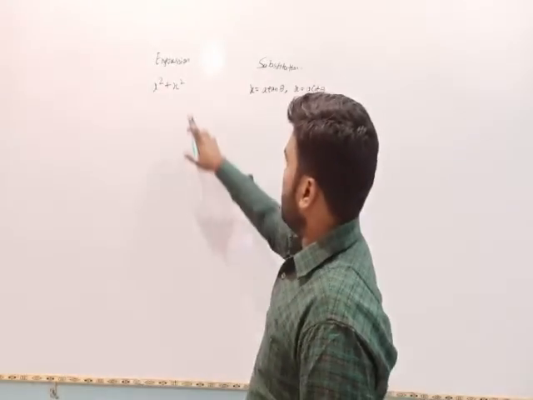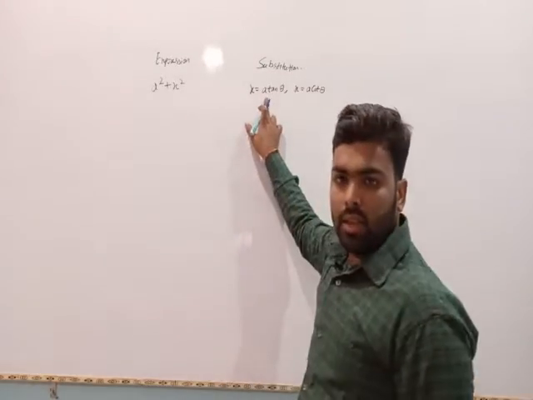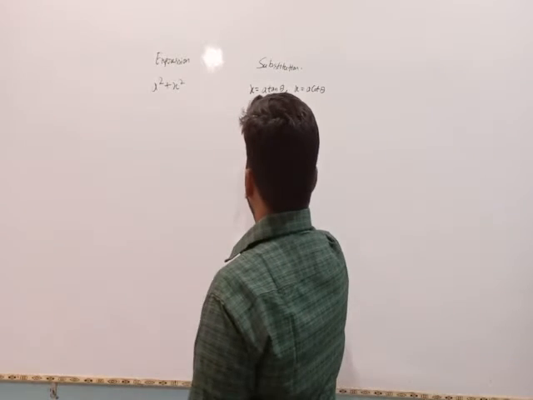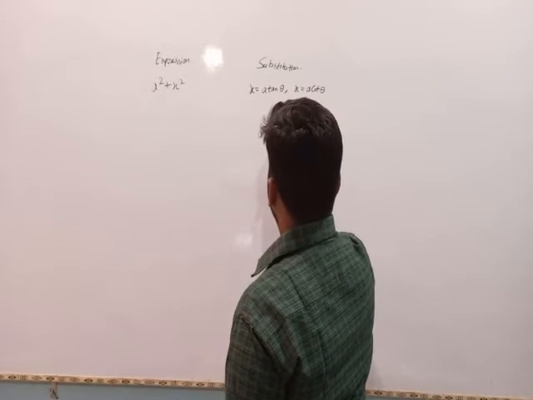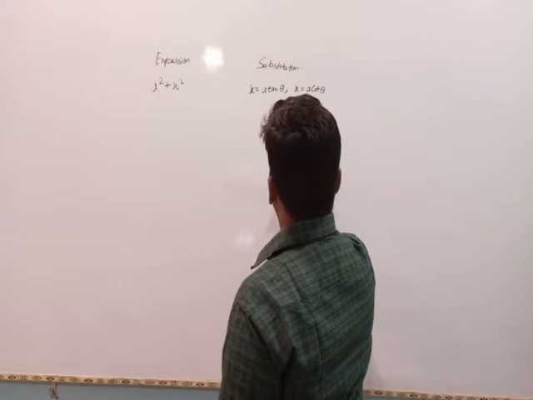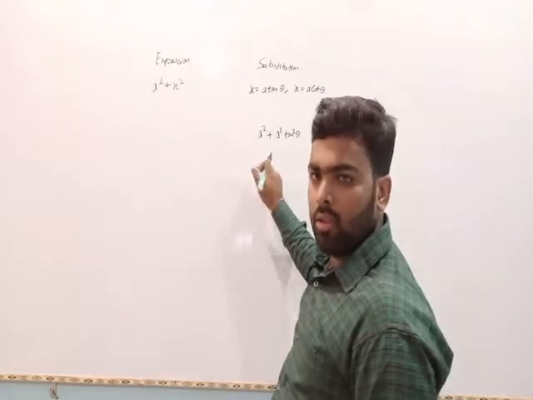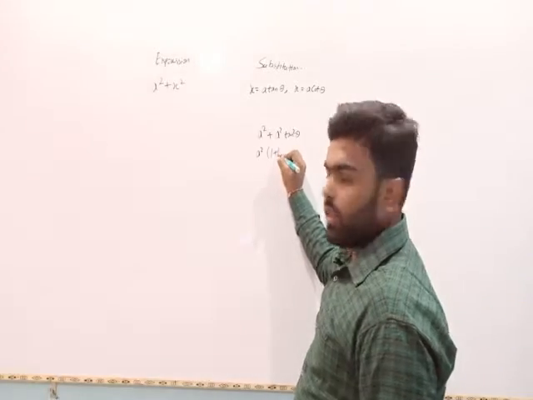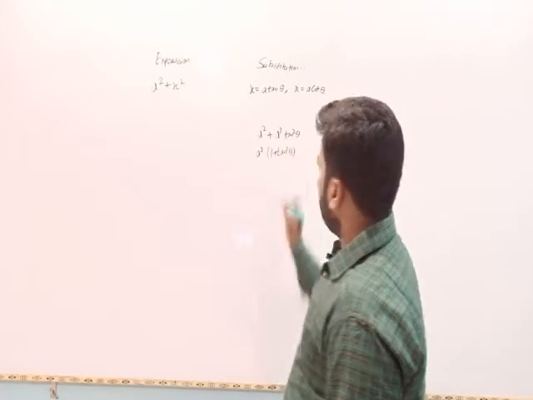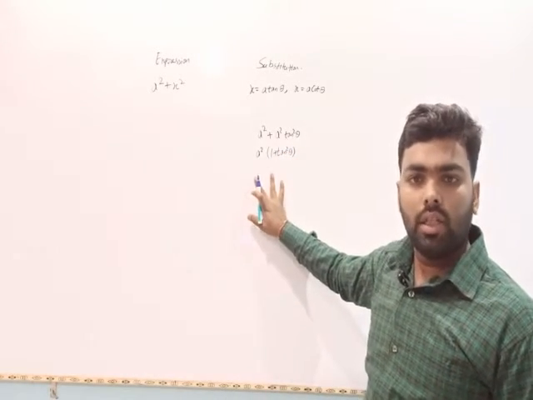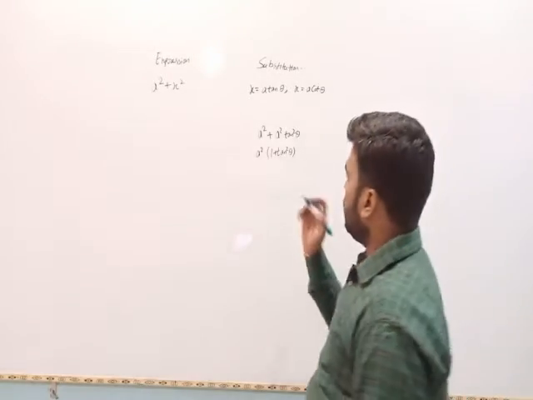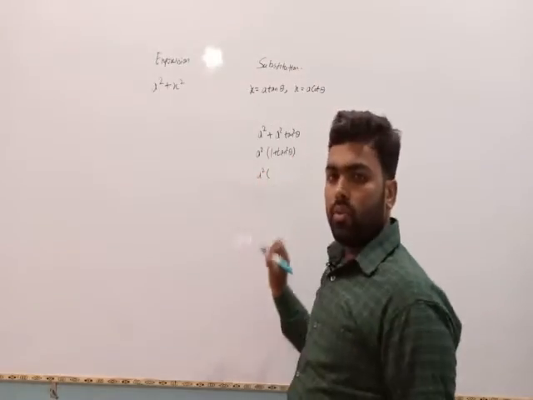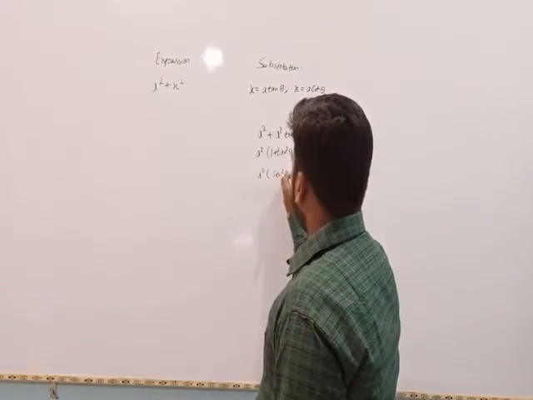Because if we substitute x with a tan theta, what will it become? It will become a square plus a square tan square theta. We can take a square common, so this will become 1 plus tan square theta. Now 1 plus tan square theta is equal to sec square theta, we know. So we can write a square into sec square theta.